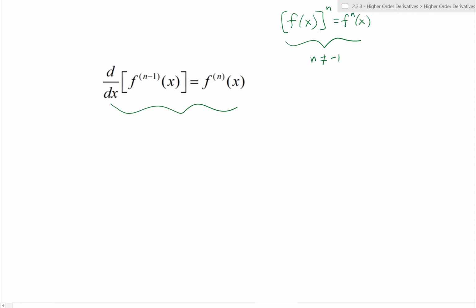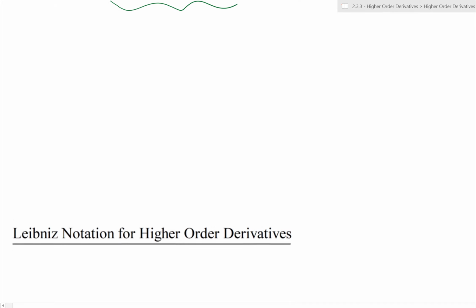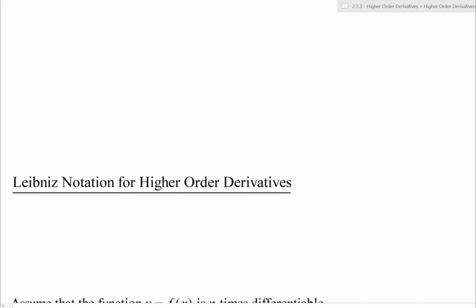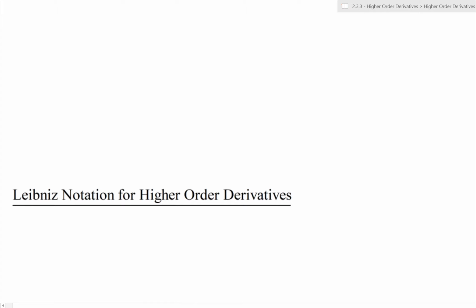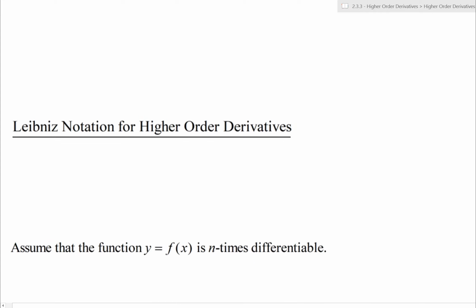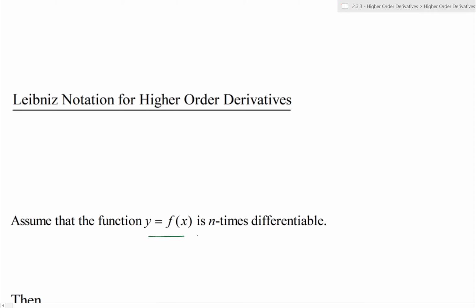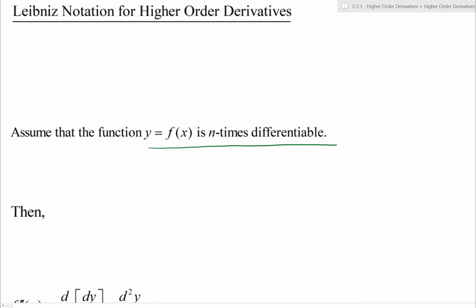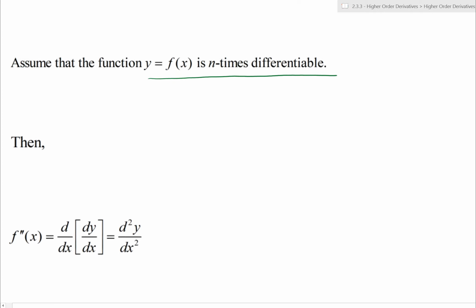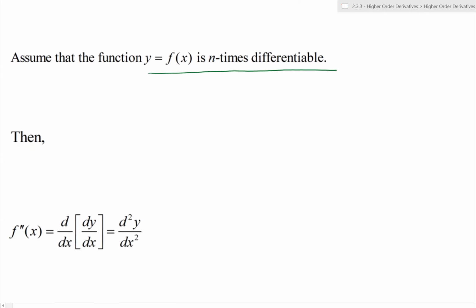Now, we also have equivalent Leibniz notation for higher order derivatives. Higher order, by the way, just means higher than the first derivative. Now, again, let's assume we have a function that's n times differentiable, so I can just keep differentiating as much as I want. Then we can write the second derivative here, f double prime of x.